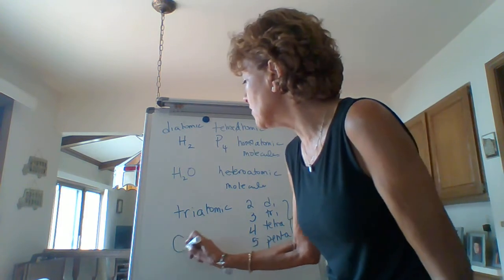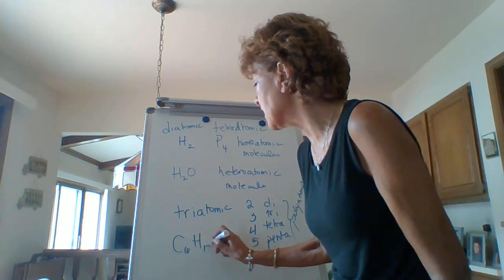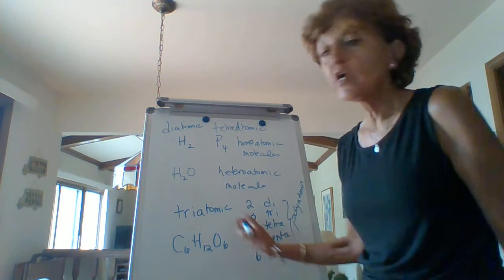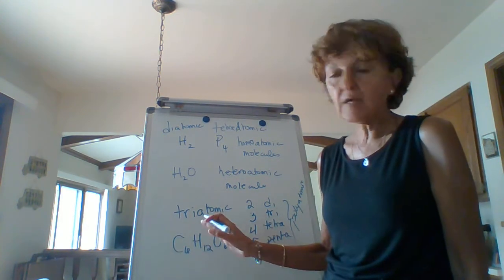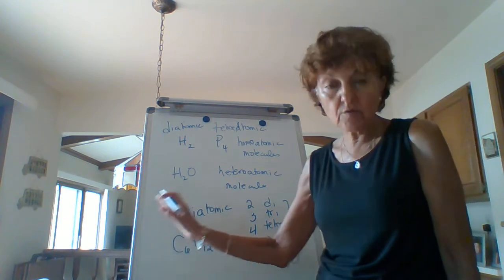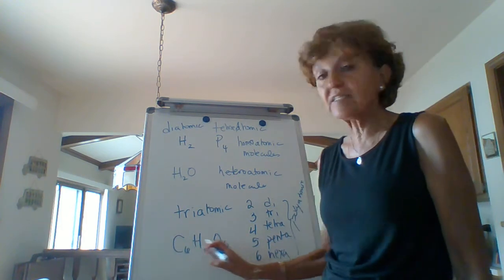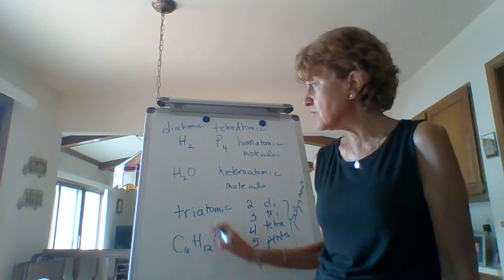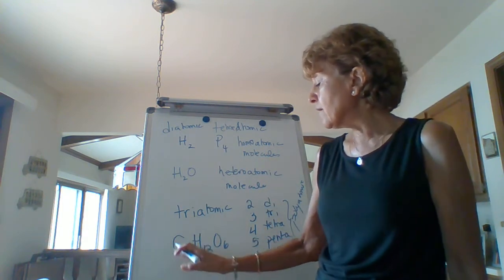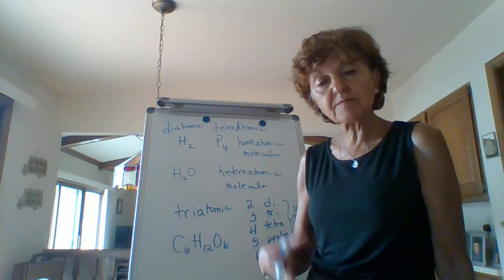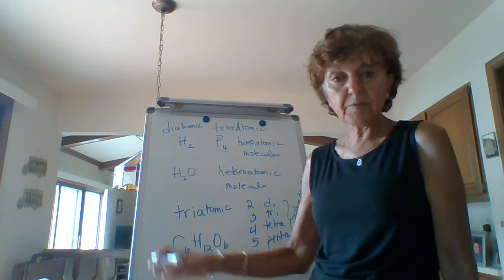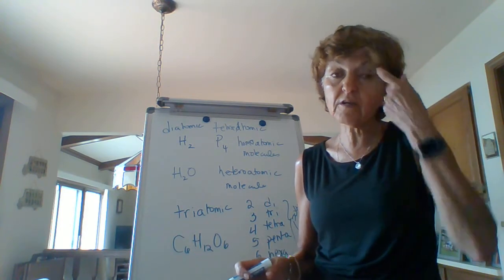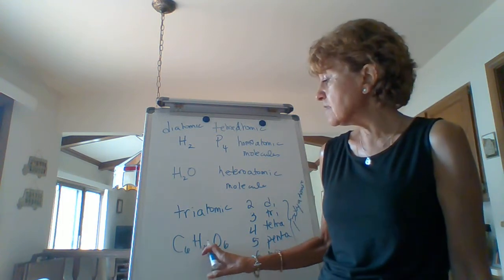So if you were to look at a molecule like this, for example, C6H12O6, you can tell that it's a molecule because it's got more than one atom. You can tell that it is heteroatomic because it has different types of atoms. It's not homoatomic. This is an example of a chemical formula that depicts a molecule you probably heard of in a biology class.